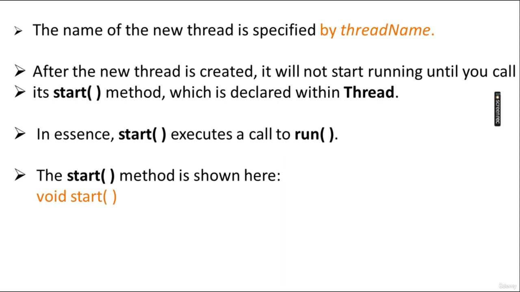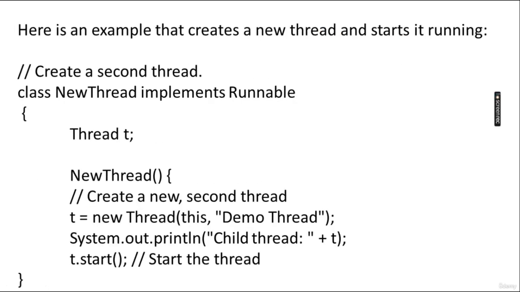Then you press run and nothing happens. Why? Because you have not called the start method. Calling start is very important. Start executes a call to run. Run is written, but how to call that run? Using t.start. The start method is shown here: void start.